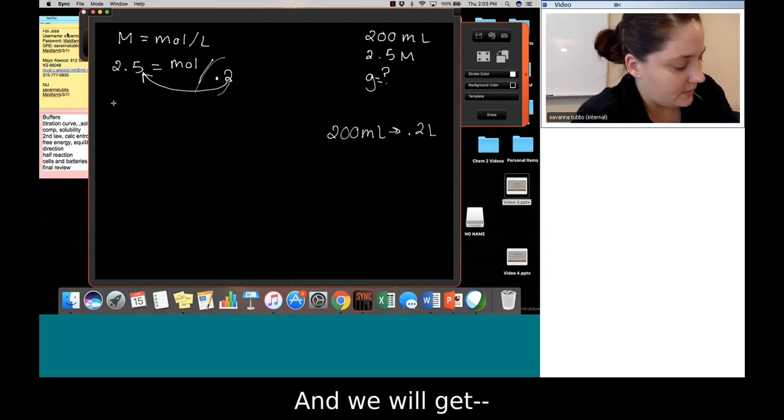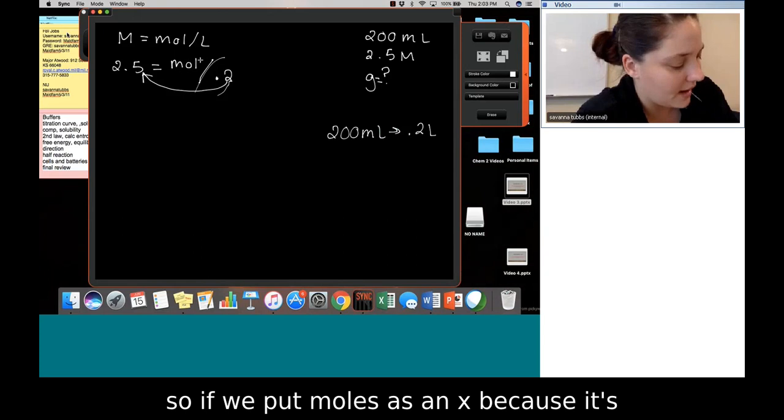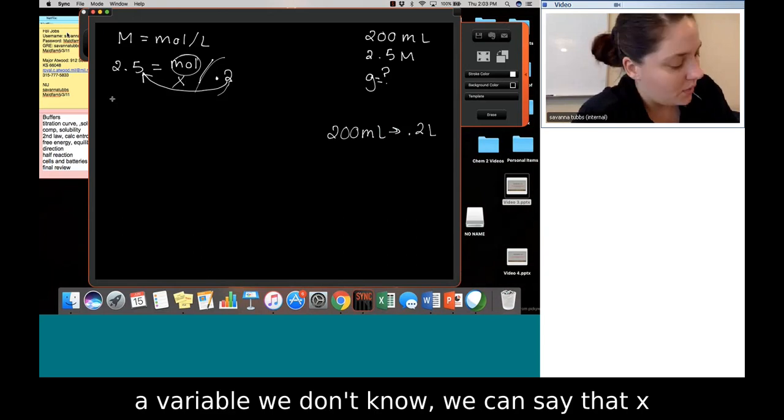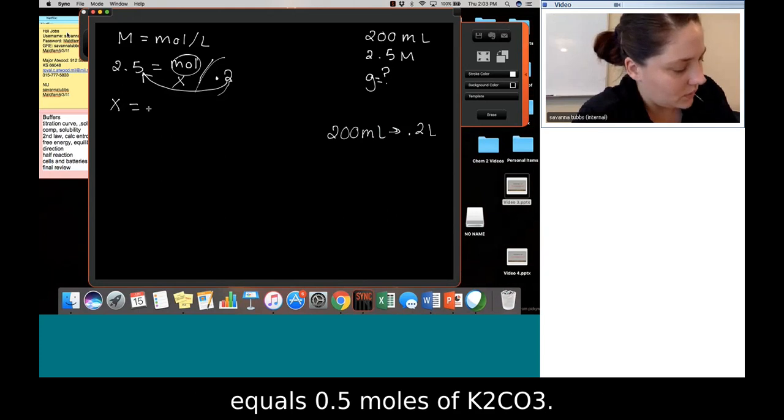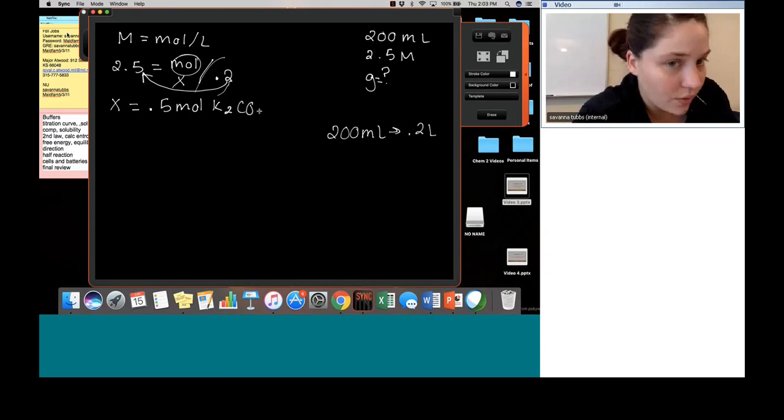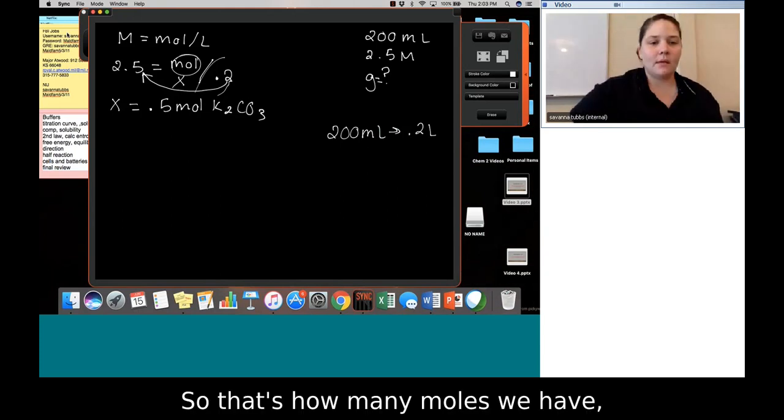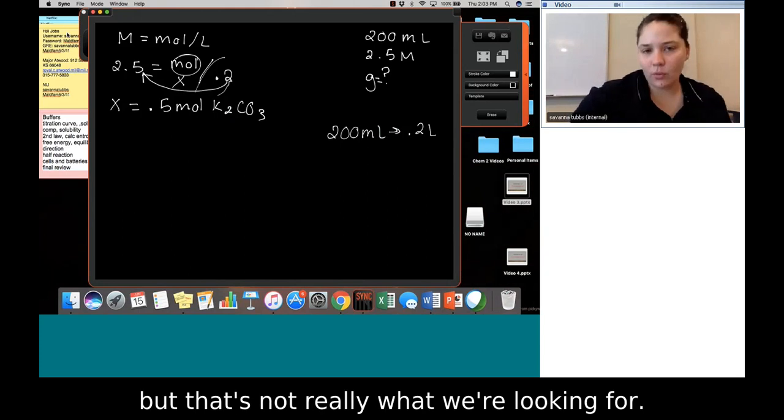If we put moles as an X, because it's a variable we don't know, X equals 0.5 moles of K2CO3.